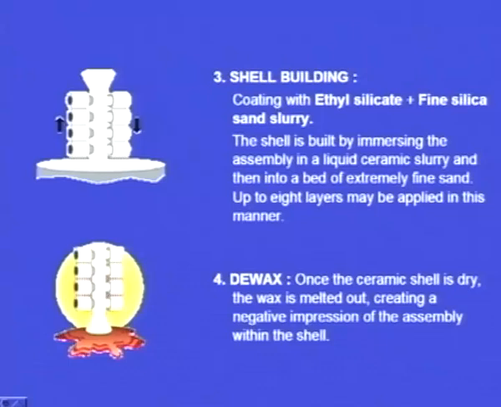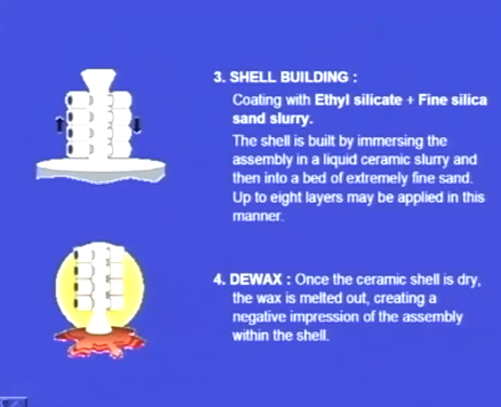So now the next process is we have to dewax. In this assembly now there is a thick shell made up of ceramic slurry and sand. Inside there is the wax pattern assembly, that we have to dewax.